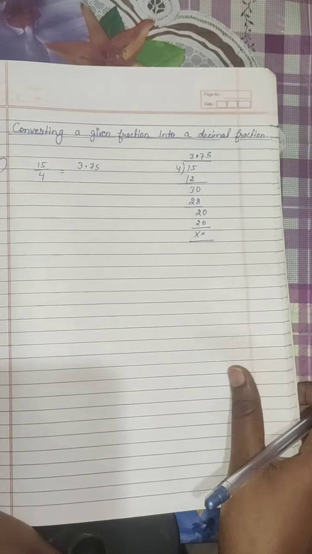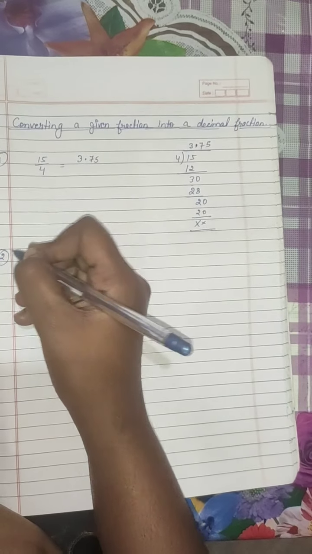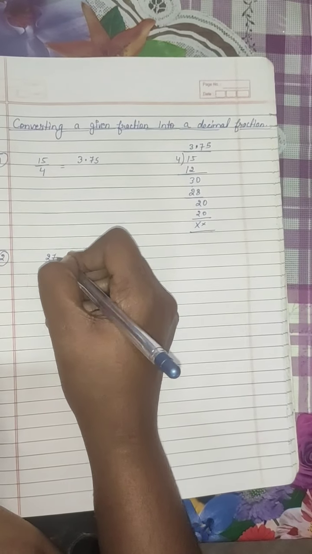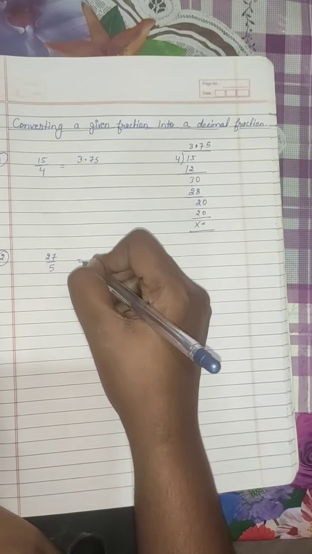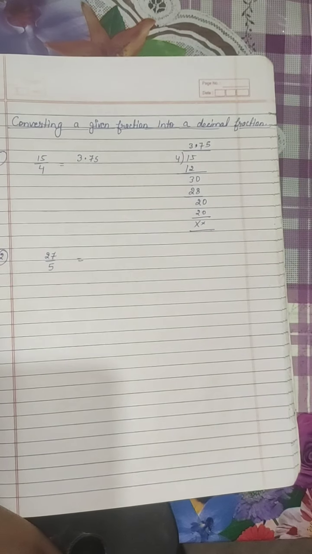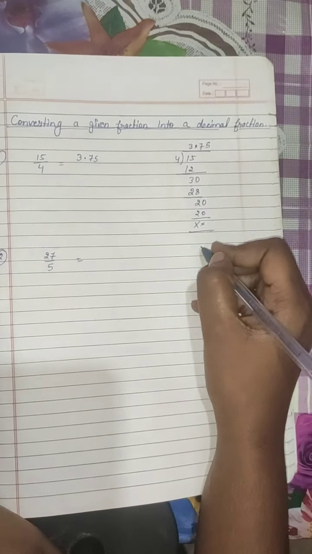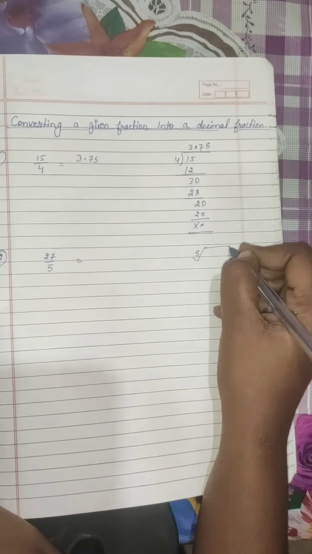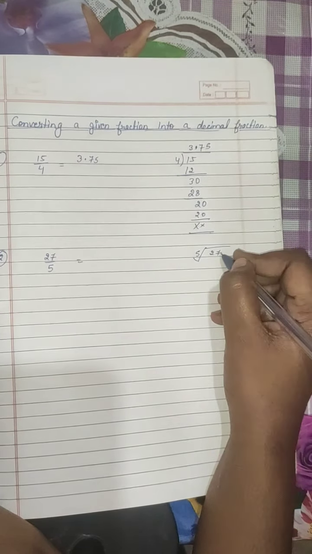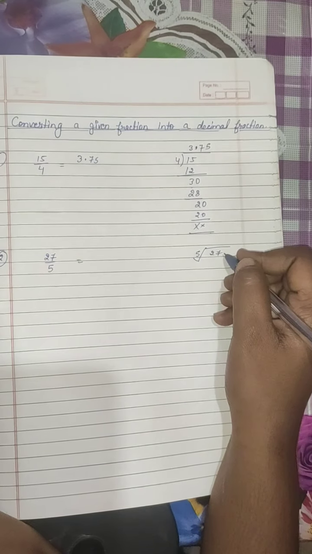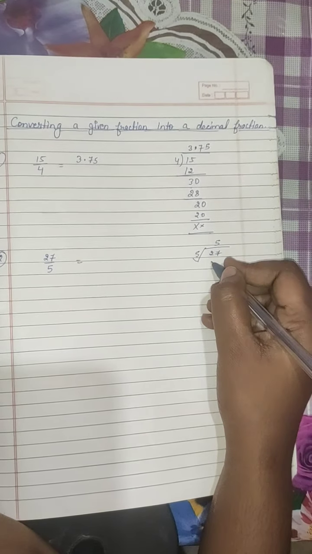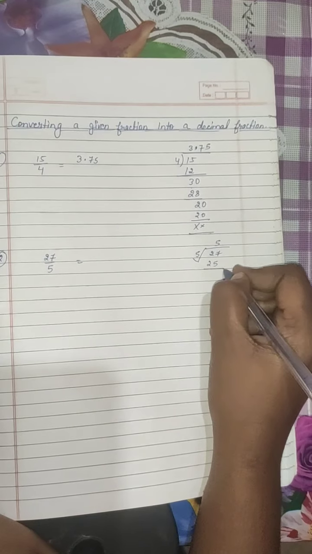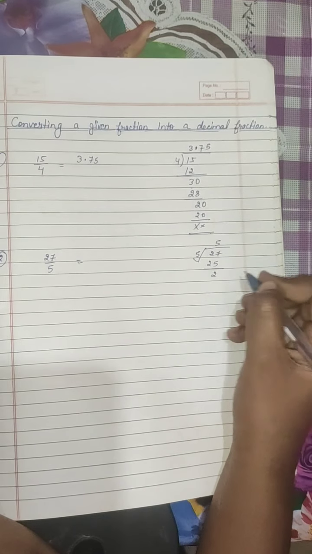3.75. Okay, now let's take one more example. Second one, see 27 by 5. Okay, so we have to convert this into a decimal fraction. Now simple, you have to divide it. Now 27, how many times does 5 go, students? 5 times. You get 25. The remainder becomes 2.